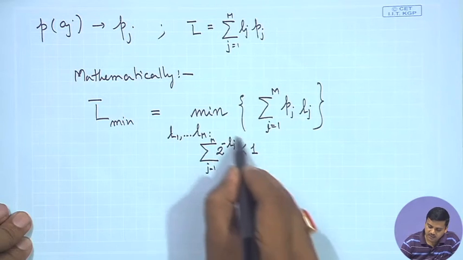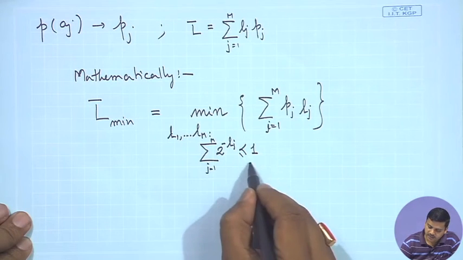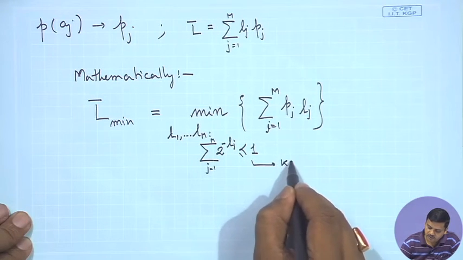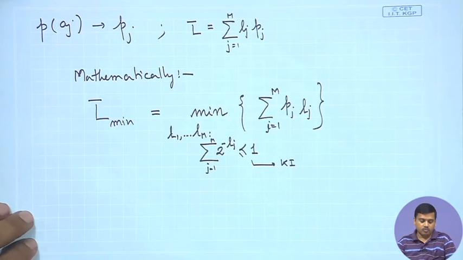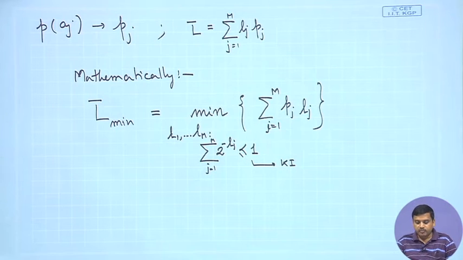Now, this condition is because of the Kraft inequality, and this Kraft inequality comes in because we have the prefix free condition. So, we said that over all possible code word lengths which satisfy the prefix free condition, we would like to minimize the code word length.